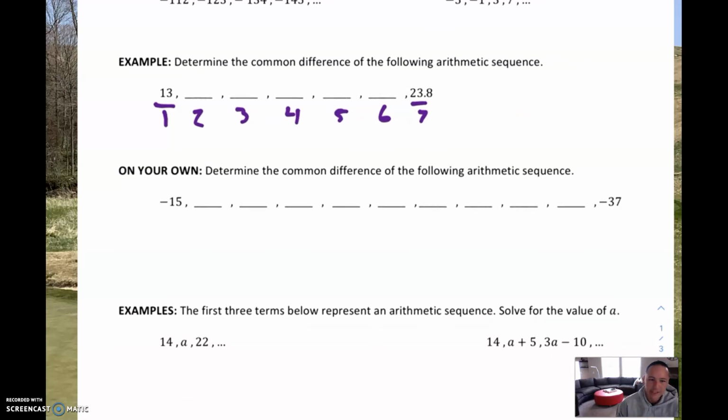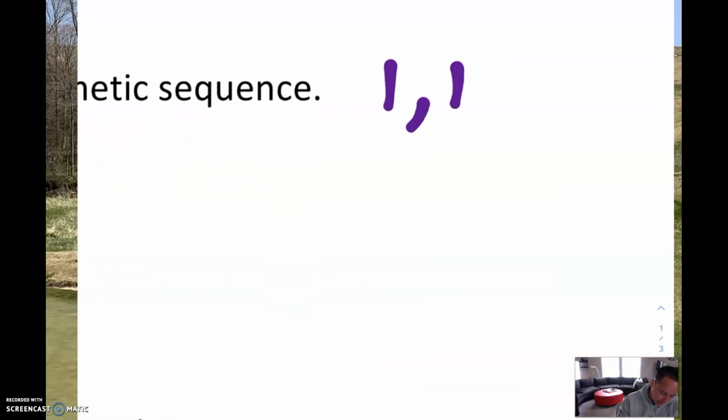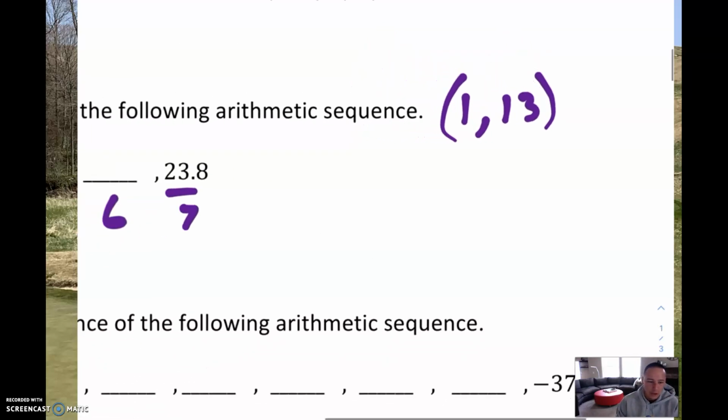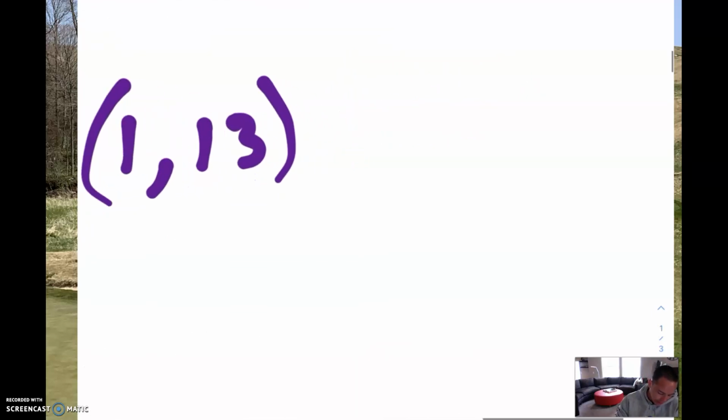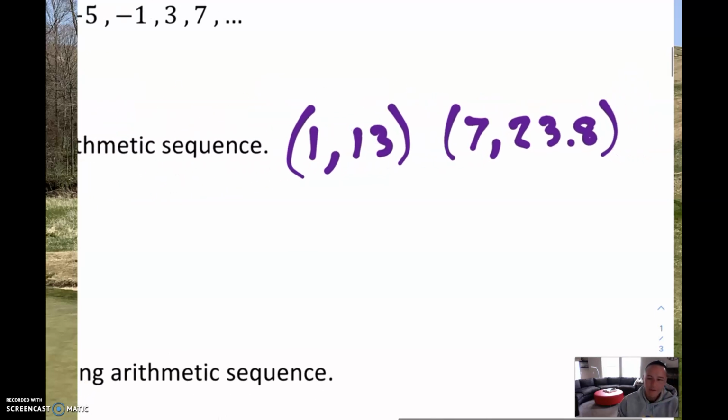So here's how I do this. Think of this kind of like 2 points on a graph. We know that the first term has a value of 13, so I write it as a coordinate. We also know that the seventh term is 23.8. If I want to find the common difference, it's kind of like finding the slope.